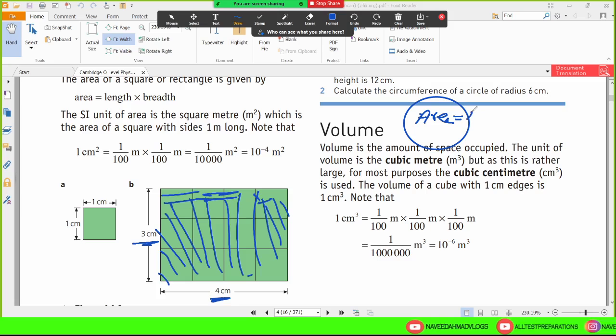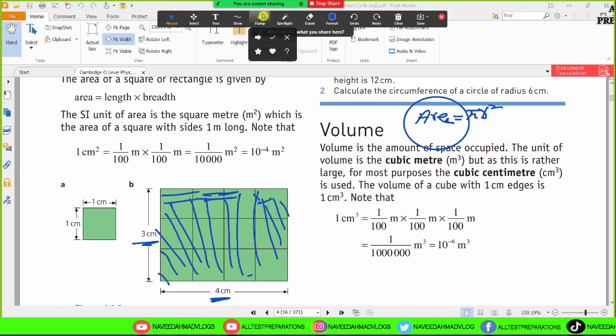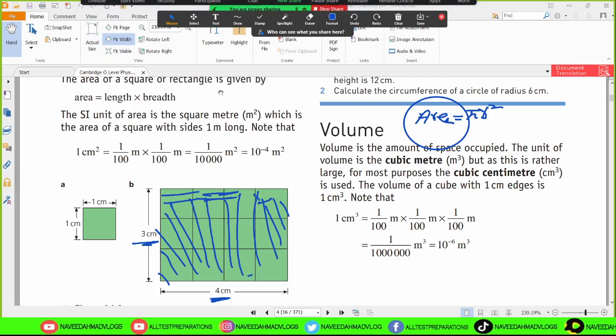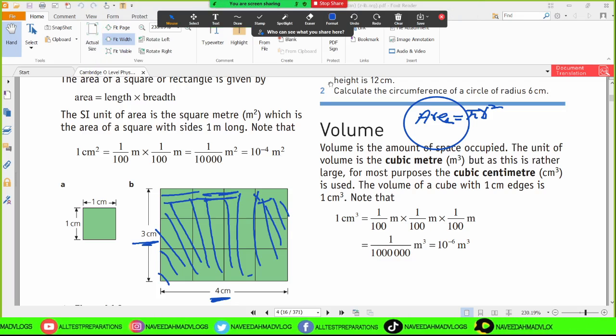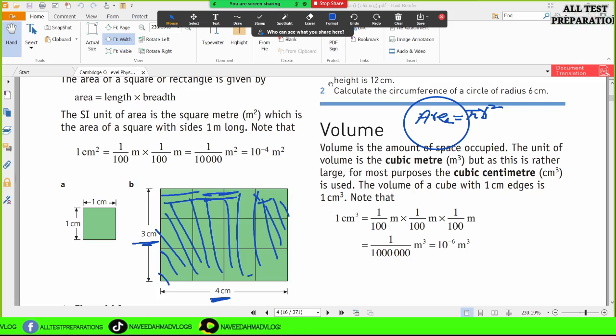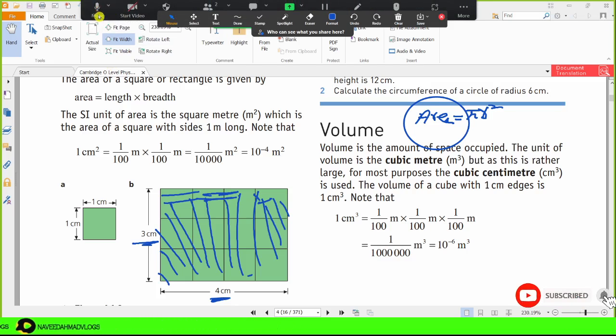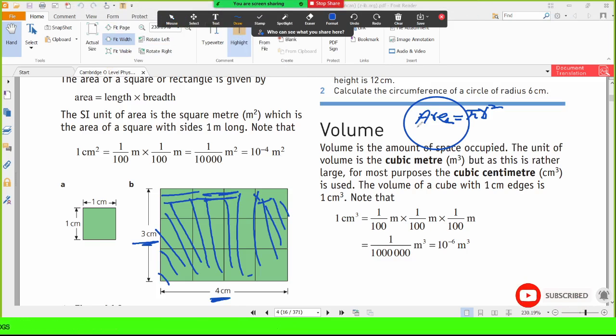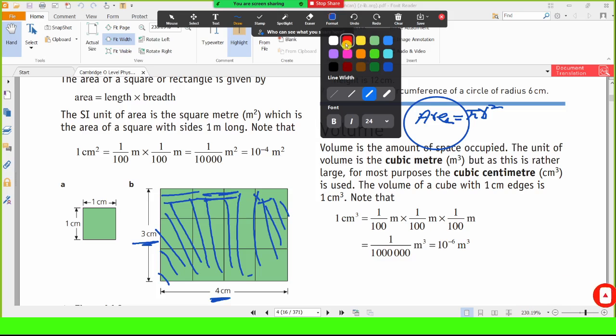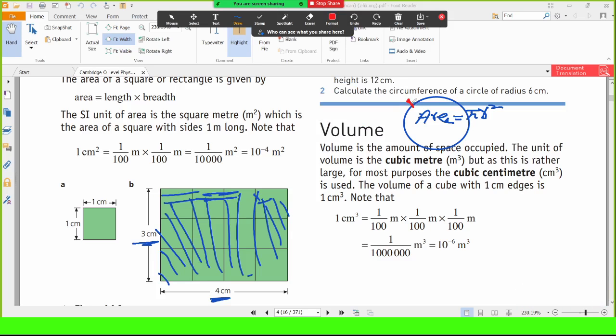Good. Okay. What is the difference between area and circumference of the circle? Circumference is the length of the circle. Area is the total surface area taken up by the circle. Like if you want to measure this length from this up to this, you'll use the circumference.